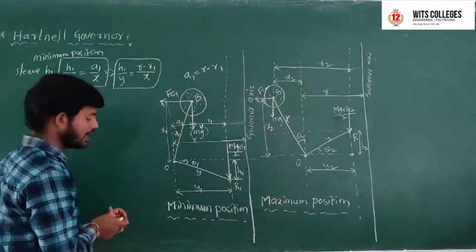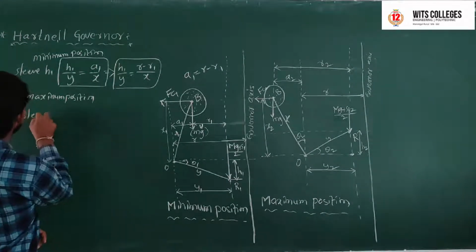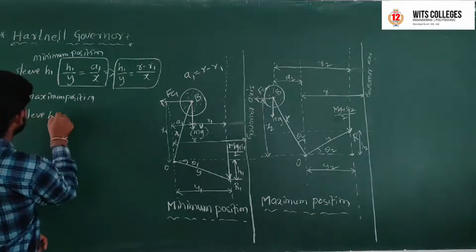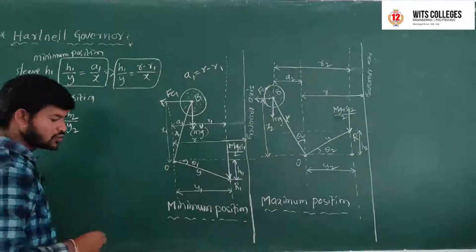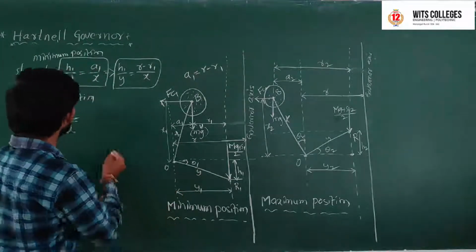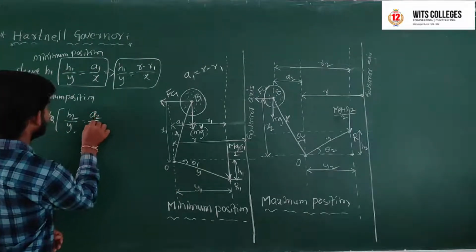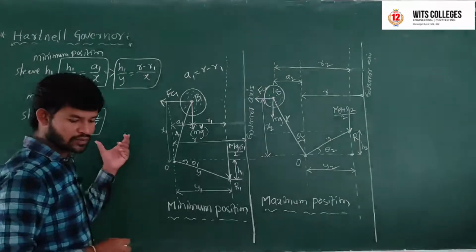Here we get the sleeve height h2 by y. In general we take y equals to h2 by x. This is the other form at the maximum position.